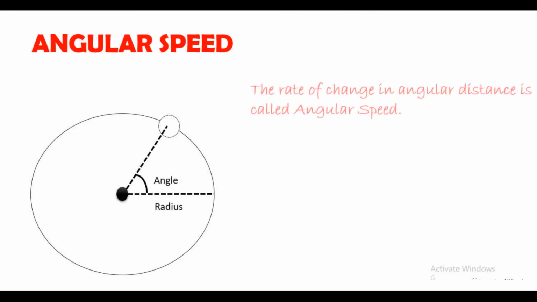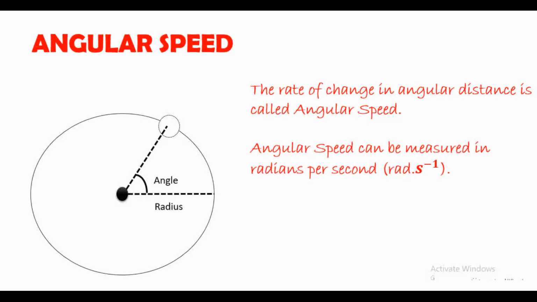Now we will be discussing angular speed. What is angular speed? Angular speed is the rate of change in angular displacement. For example, the body has changed its position on a circular track, and when we take the ratio of the change in angular distance to time, that is named angular speed.